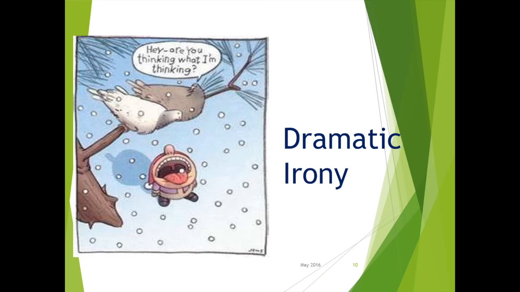Dramatic irony has only one component that separates it from verbal and situational irony, and that is the fact that we, the audience, know something that the character does not. Or more specifically, we know that what the character thinks is going on is the opposite of what is really going on.